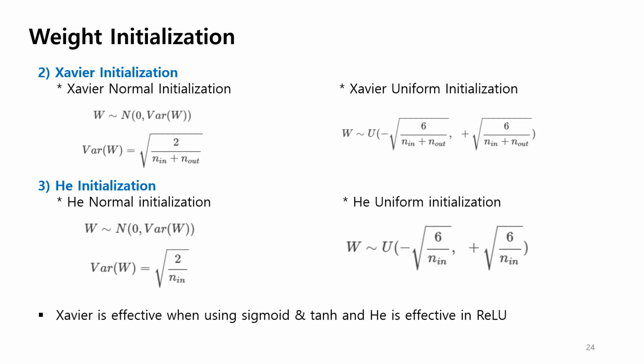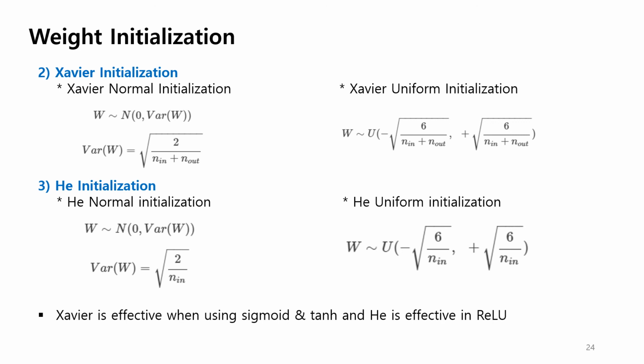So for Xavier normal initialization, we select weight from a normal distribution with mean 0, and the variance is like this. Okay, so a square root of 2 divided by n in plus n out. Or you can use Xavier uniform initialization. So its minimum is this, maximum is this. Okay, you choose weight from a uniform distribution between this and this.